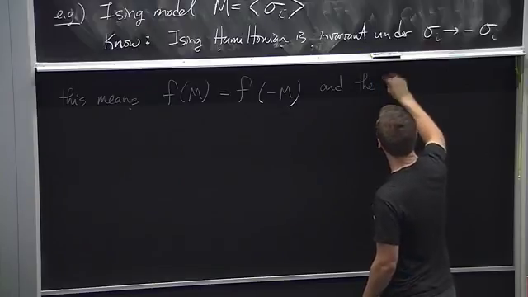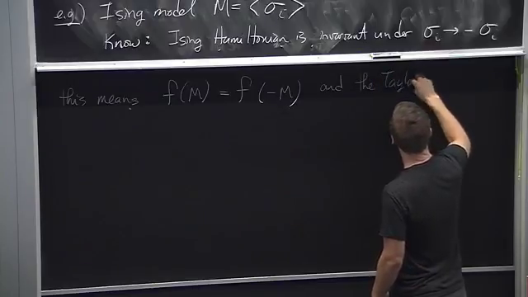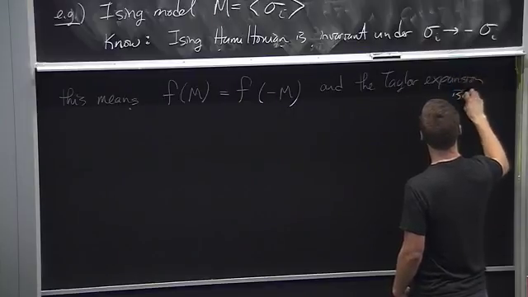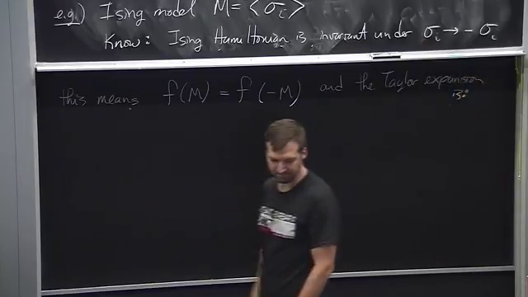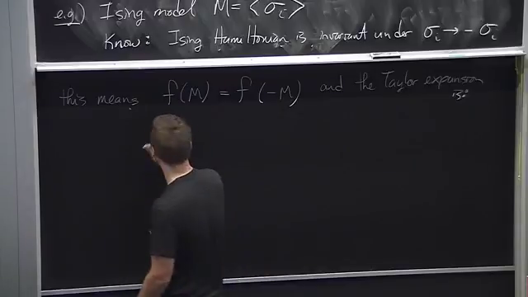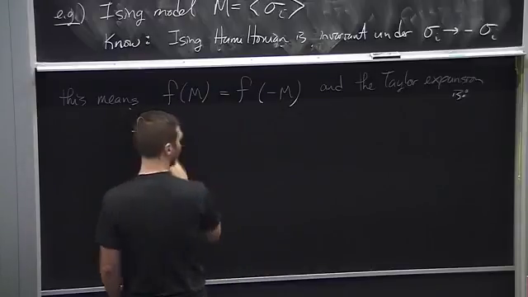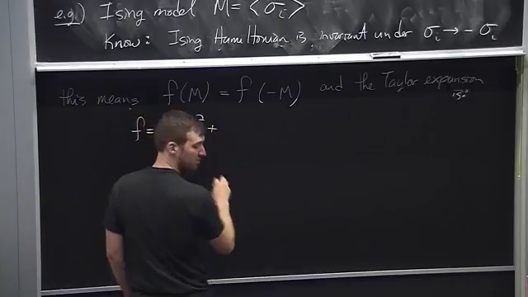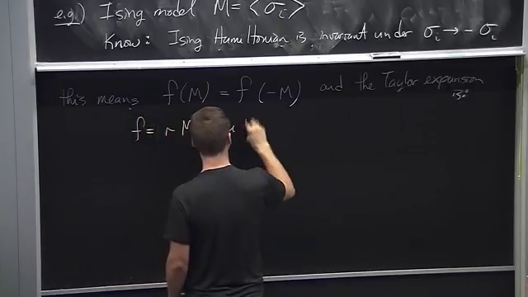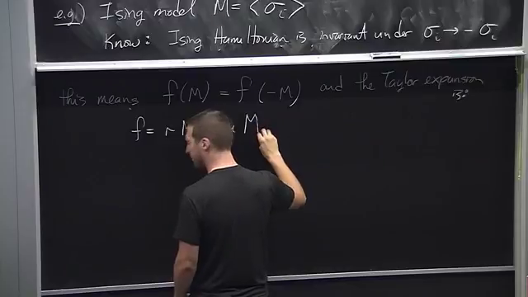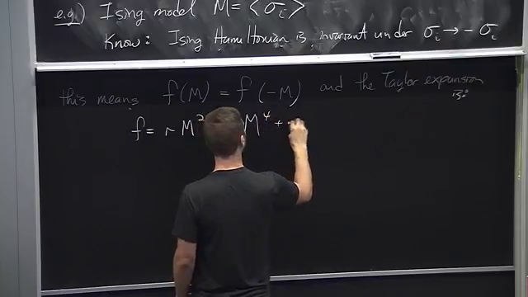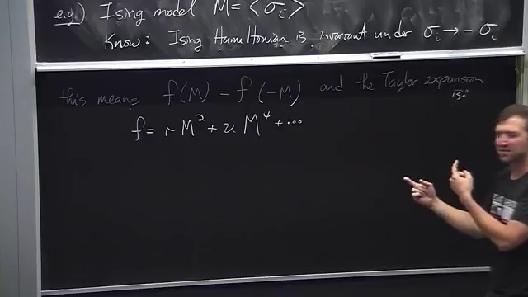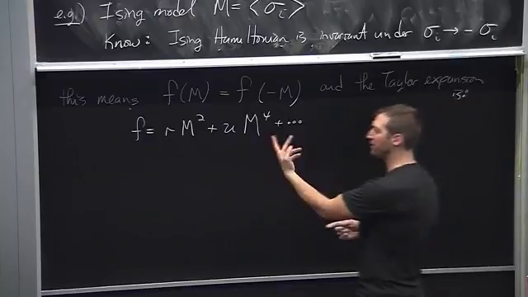And the Taylor expansion is what I would have written down before, and I'll just put maybe R plus U. This is probably what I called them in 733. And studying, okay, so we can't have any odd terms.